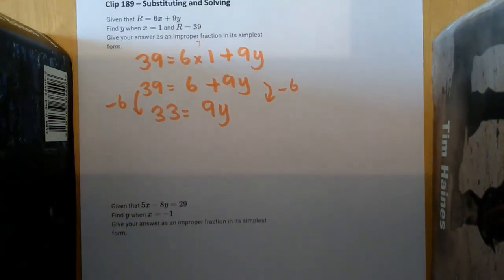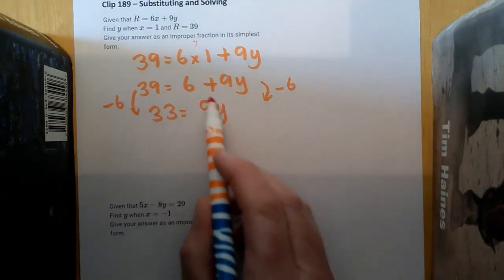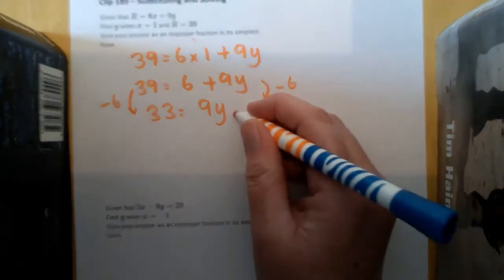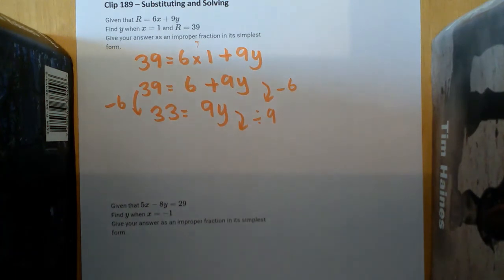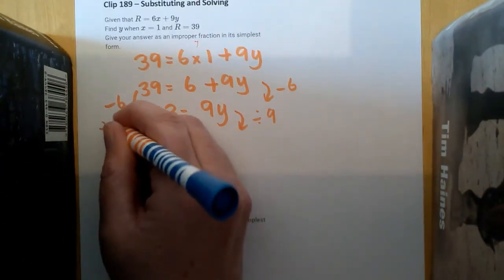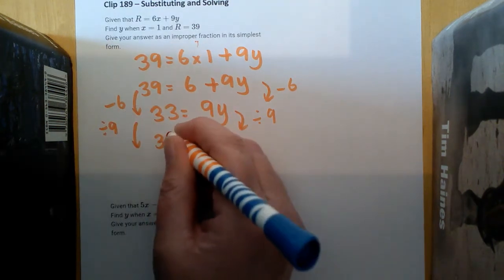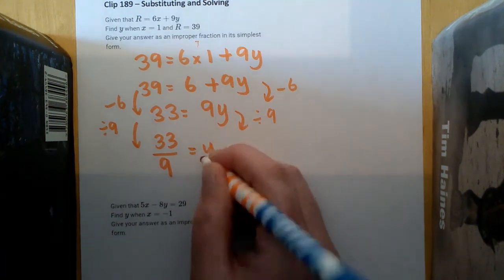Okay, and the last step, it says, give your answer as an improper fraction in its simplest form. My final step is, because this 9 is multiplying y, I have to divide by 9 to do the inverse. Because I have to leave it as an improper fraction, I'm left with 33 over 9 is equal to y.